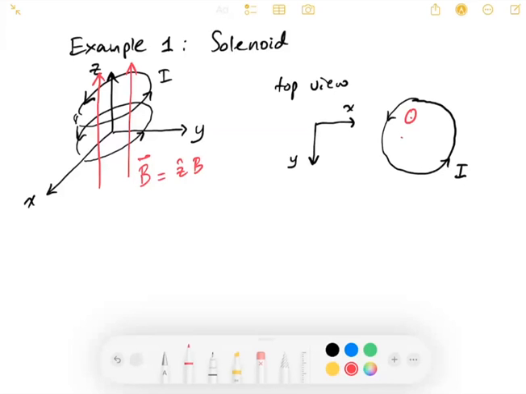So there's B, B, B, B. And now we're going to use a Gaussian surface, and we're going to stick this Gaussian surface here, such that the normal here is n_x. The normal here is n_y. This is minus n_y. And this is minus n_x.